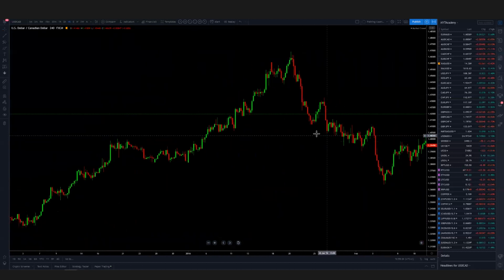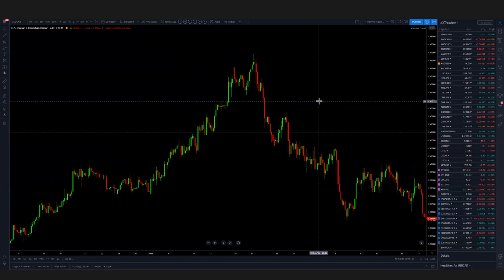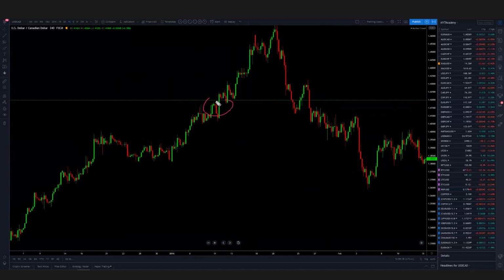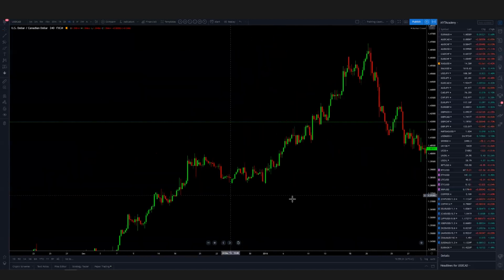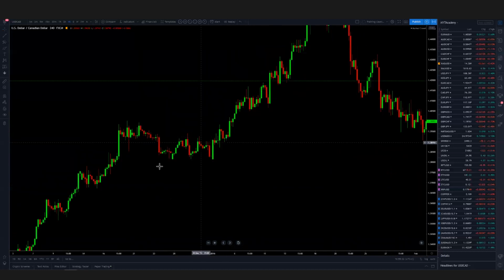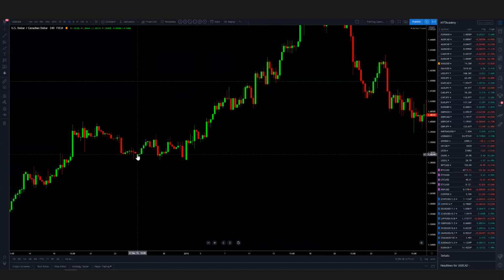So what are they trying to do? When they see that the chart is trying to push lower, they will try to sell. For example, they will start somewhere there, I just start randomly. They see that the price is trying to push higher. This is some kind of engulfing candle, I think.